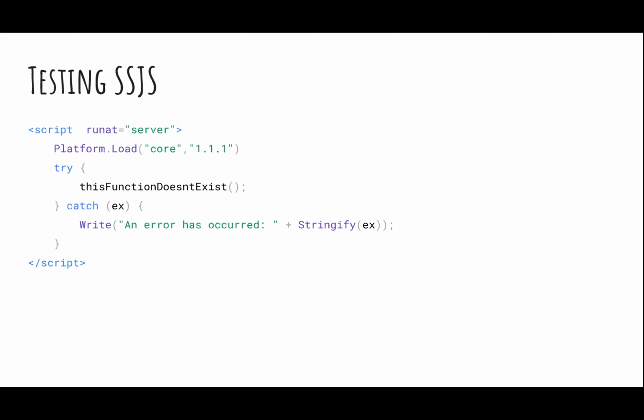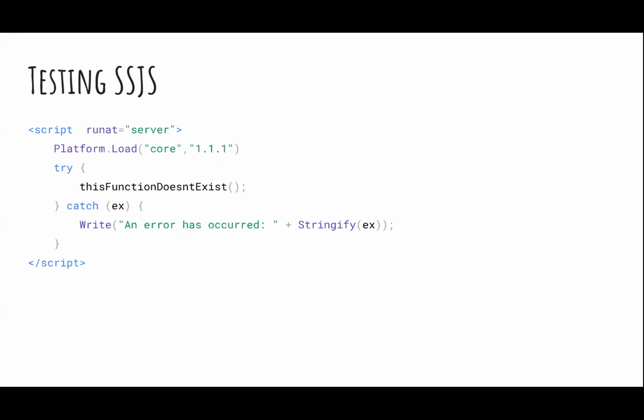If an error does occur, then the try execution is stopped at the point where that exception occurs, and control of that function flows over into the catch part.